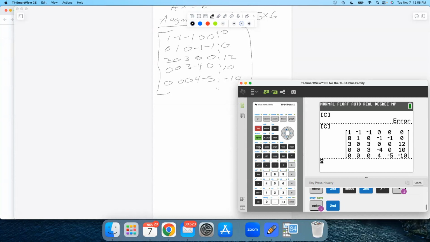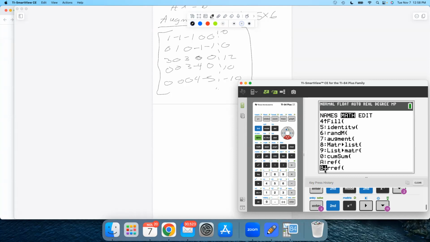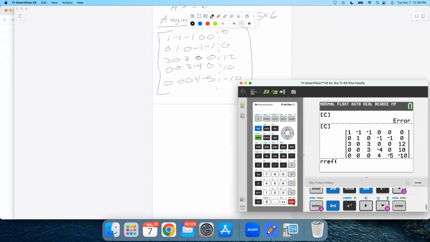So I'm going to come back into my matrix menu, second matrix, and I'm going to go over to math and all the way down to RREF, row reduced echelon form. I'm going to hit enter. Now it's asking me what matrix do I want to do this on. Now, I've seen people make this mistake. You might think, oh, I can just do alpha C. No, it won't interpret that as the matrix.